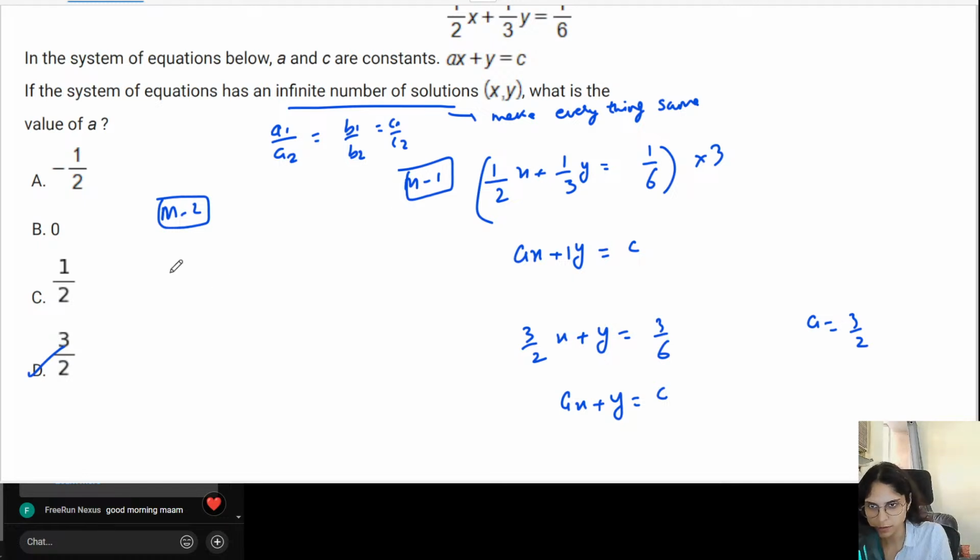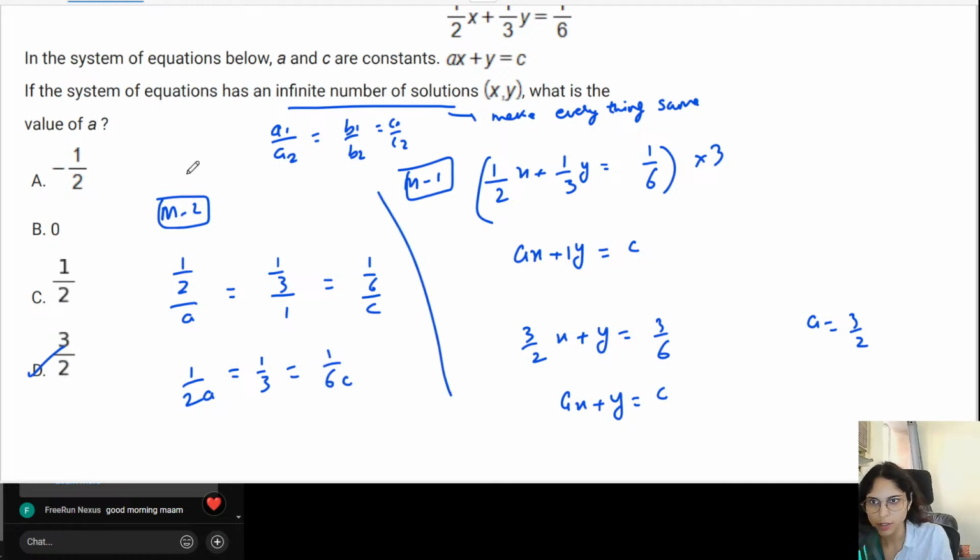Method 2 would have been 1/2 divided by A is equal to 1/3 divided by 1 is equal to 1/6 divided by C. So 1 over 2A is equal to 1/3 equals 1 over 6C. Now they're looking for value of A, so I will be using this one. Now cross multiply, 3 is equal to 2A.